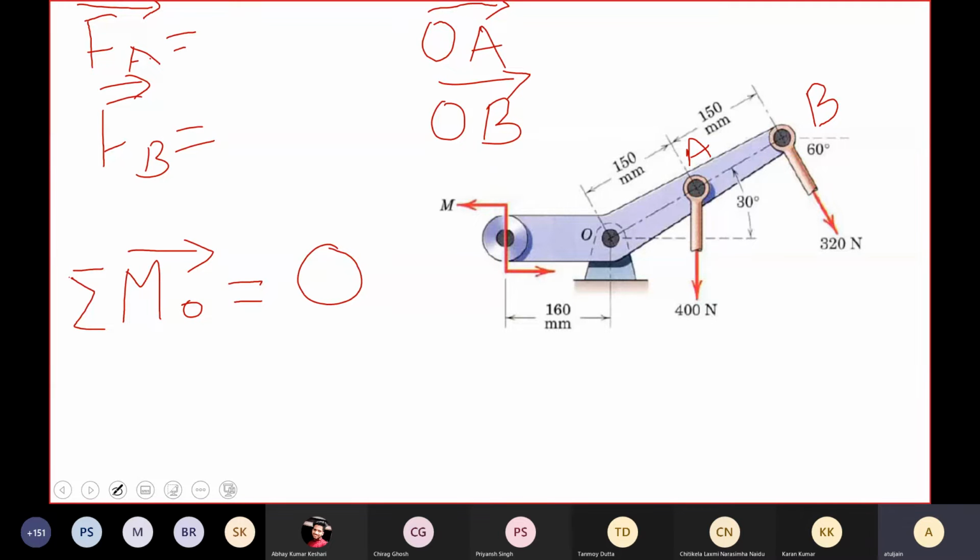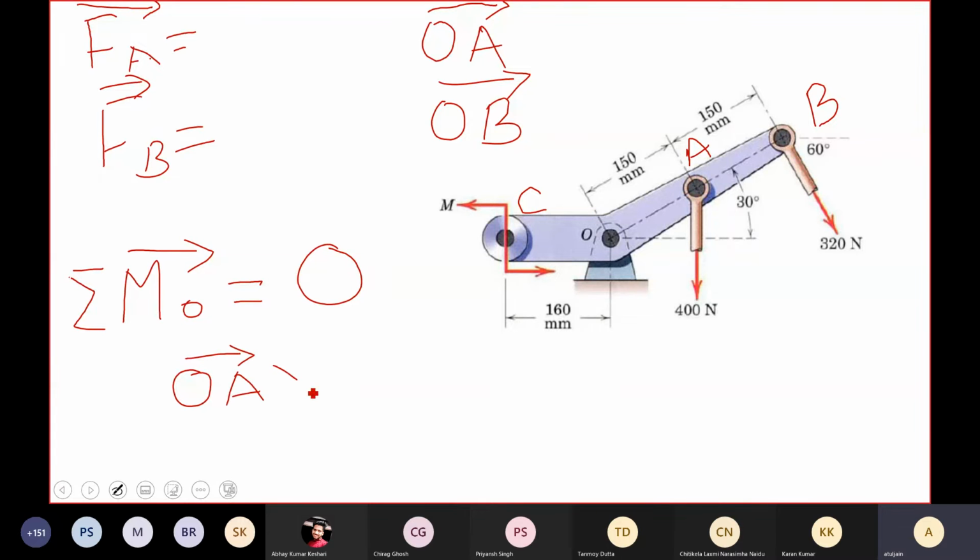OA cross FA plus OB cross FB plus MC, let's call this, plus MC is equal to 0. From that, you can get the value of MC or M. So this is the equation you have to solve.